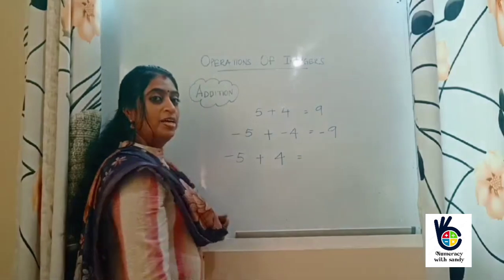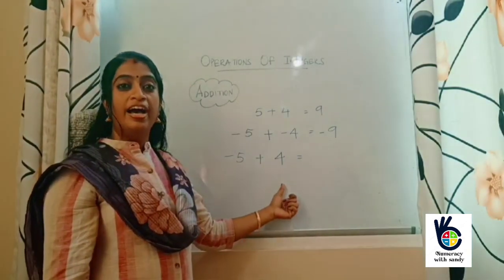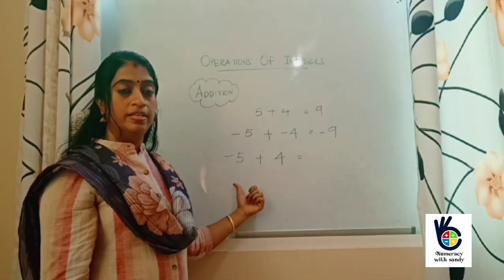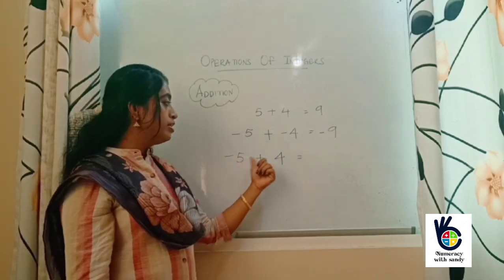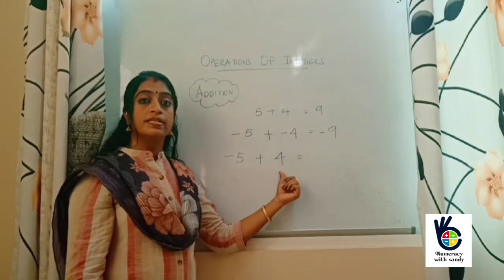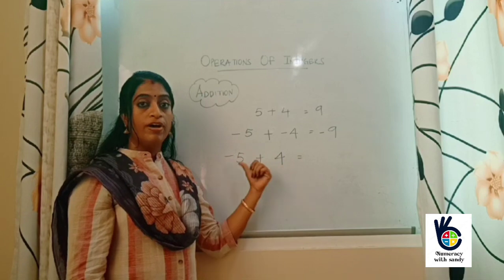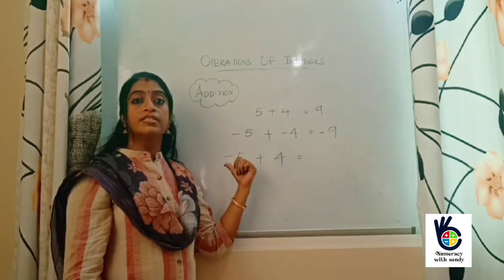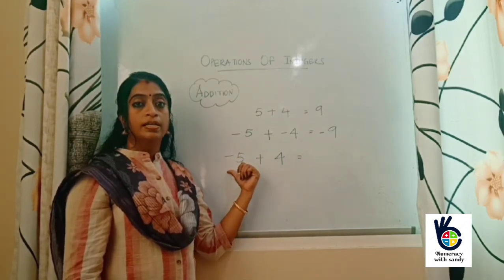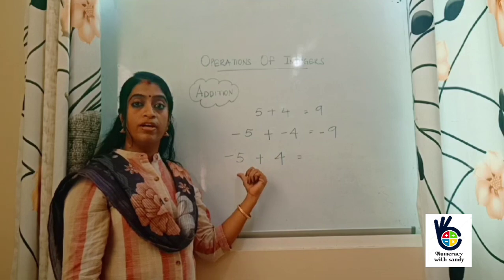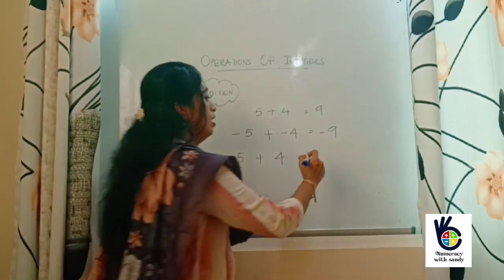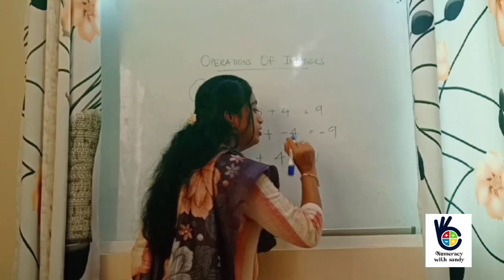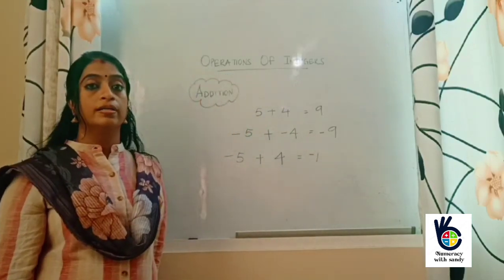Subtract smaller from the bigger one and give the sign of the bigger one. Without the sign, the smaller number is 4, so 5 minus 4, and give the sign of the bigger one. The bigger number is 5, its sign is negative. 5 minus 4 is 1, and we put negative 1.